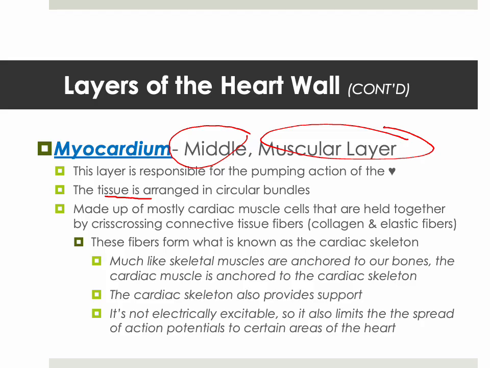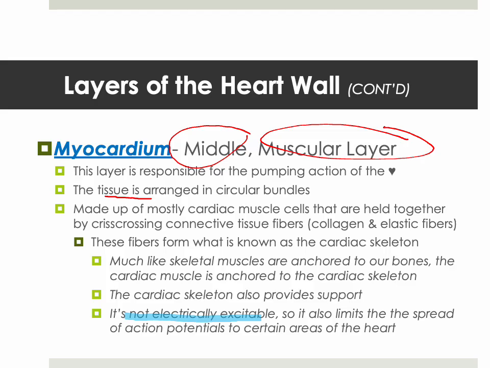There's also collagen and elastic fibers crisscrossing. These fibers make up the cardiac skeleton, which doesn't have any function other than structural and is where the heart is anchored to. Okay? And it also provides support. This part over here, it says it's not electrically excitable because this is just structure, okay?